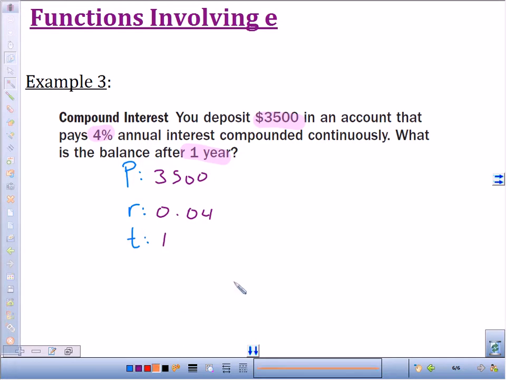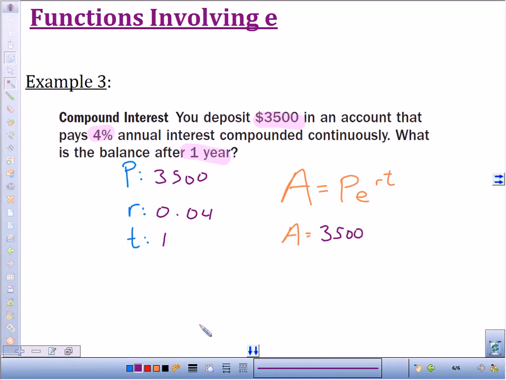So let's get this done. Let's start by writing our formula. All right, our formula here is A equals P E to the RT power. And we're going to plug in P, R, and T. So here we are. A equals 3,500.